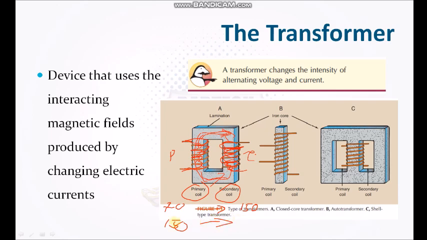If the primary turns is 150, and then the secondary turns is only 70, that means the secondary is less than that of the primary, then this is a step-down transformer. This one is a step-up transformer. So now, the more number of turns secondary, then the higher the voltage. If the secondary coils is less than the number of the primary, then that is a step-down transformer.